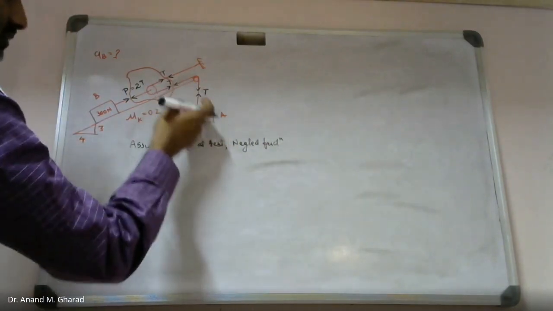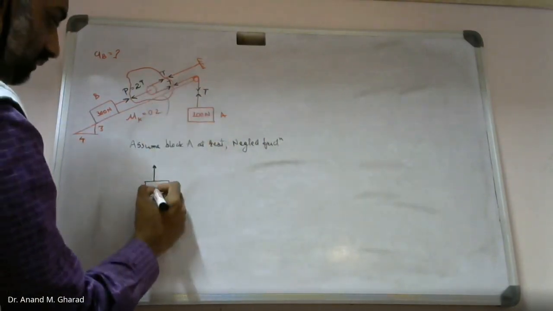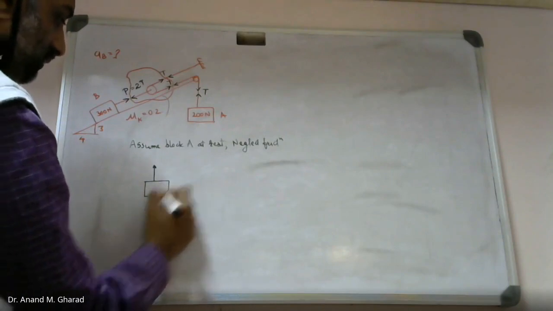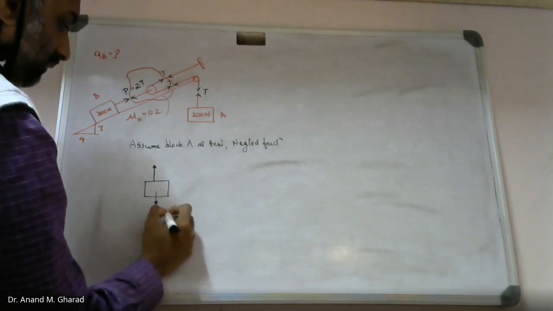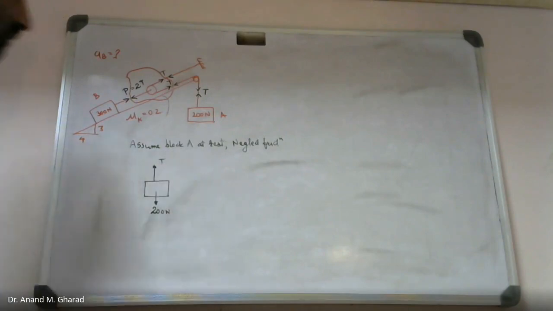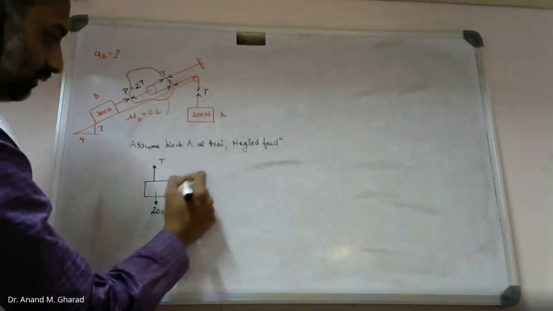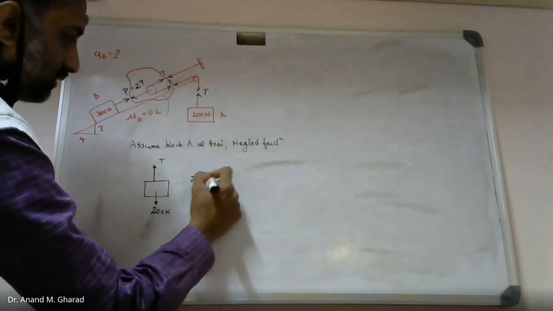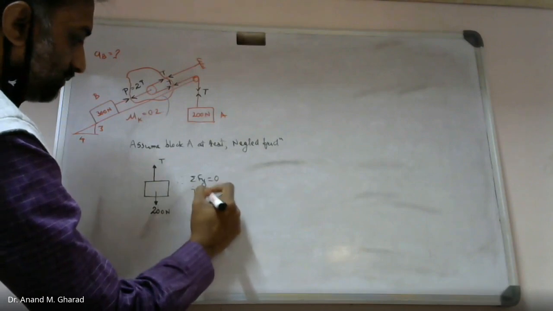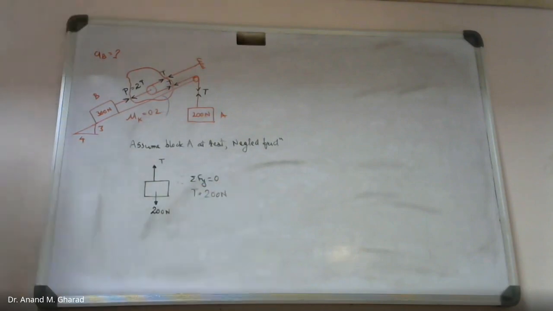So since it has no surface attached to it, this will be free. 200 Newton, this is tension force. Therefore, summation of force in y direction equal to 0. T comes out to be 200, as you people have already told me.